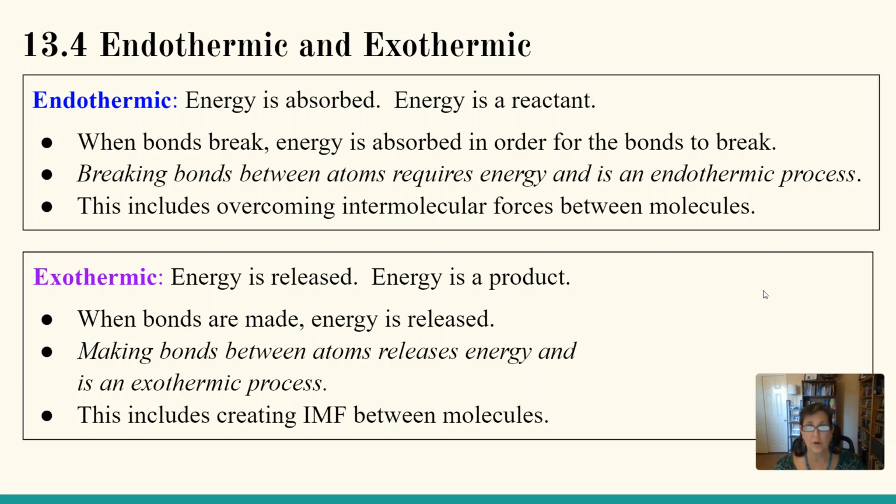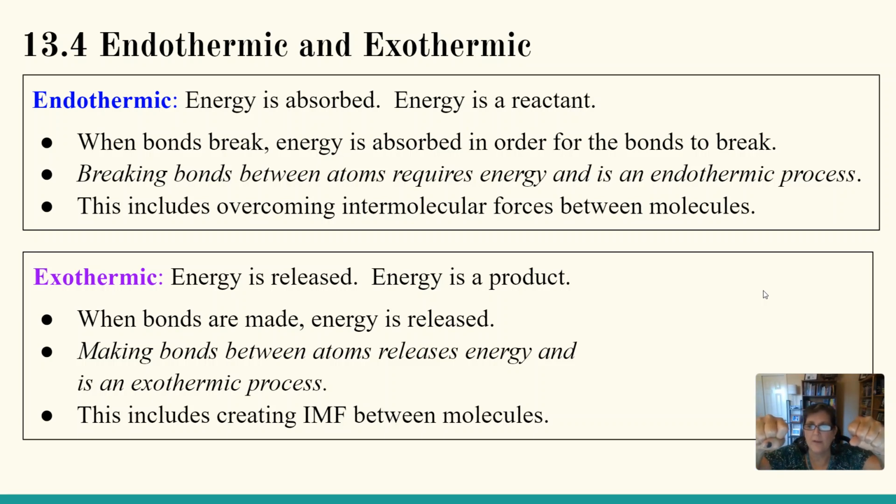Now, exothermic is when heat exits or comes out, it's released. So the energy or the heat is on the product side, which is the right side of the arrow in a chemical reaction. So when bonds are made, energy is released. So imagine two atoms. They're very unhappy, right?